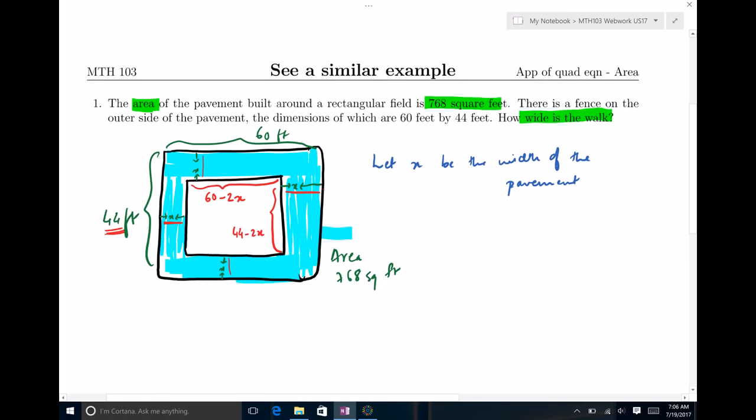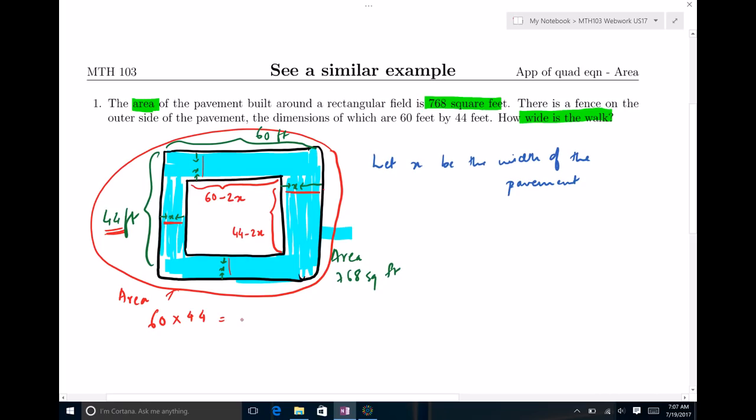One additional thing that I know is if you look at the area of the entire big rectangle, the area is going to be 60 times 44, since the area of a rectangle is the length times the breadth, and 60 times 44 is equal to 2640 square feet.